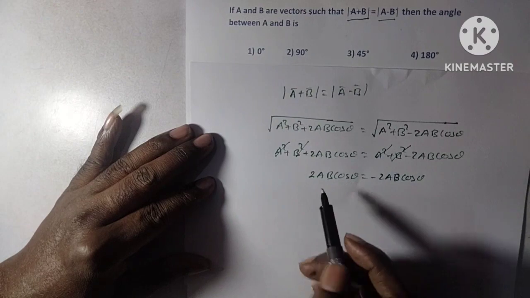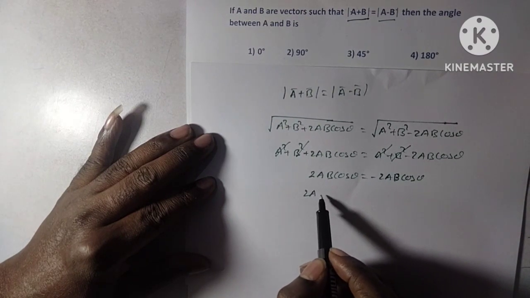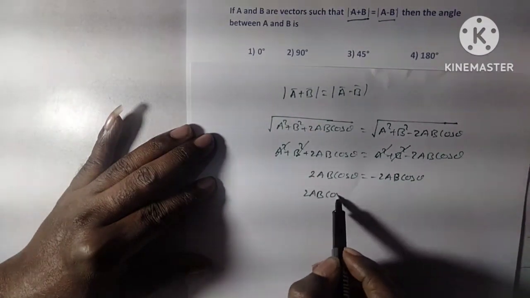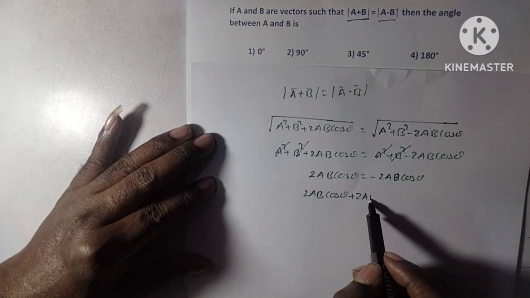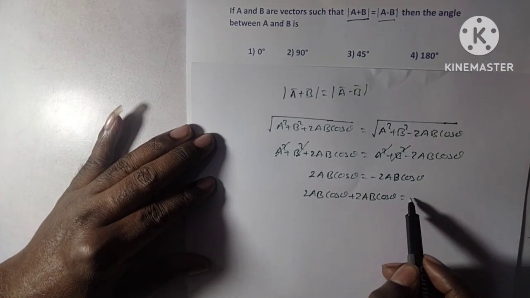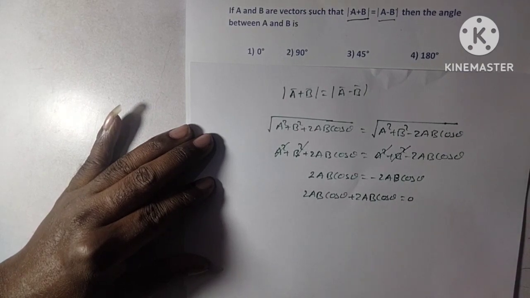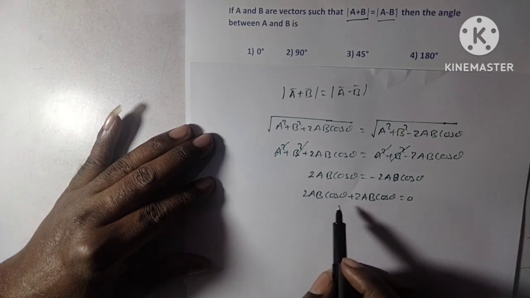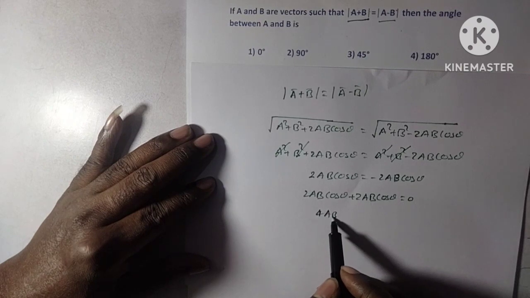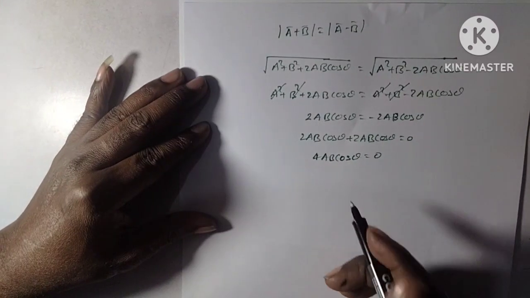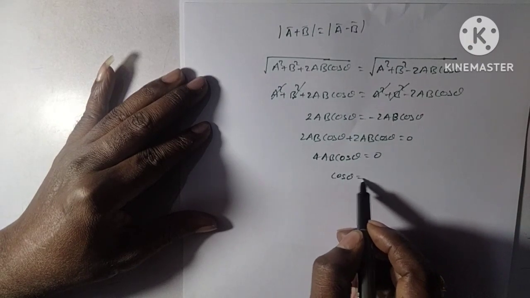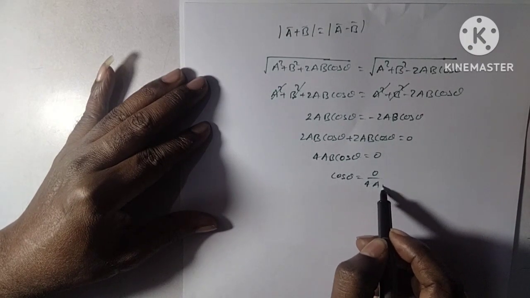Transpose those: 2ab cos theta plus 2ab cos theta is equal to 0. Then 2ab plus 2ab gives 4ab cos theta equal to 0. Cos theta is equal to 0 by 4ab.